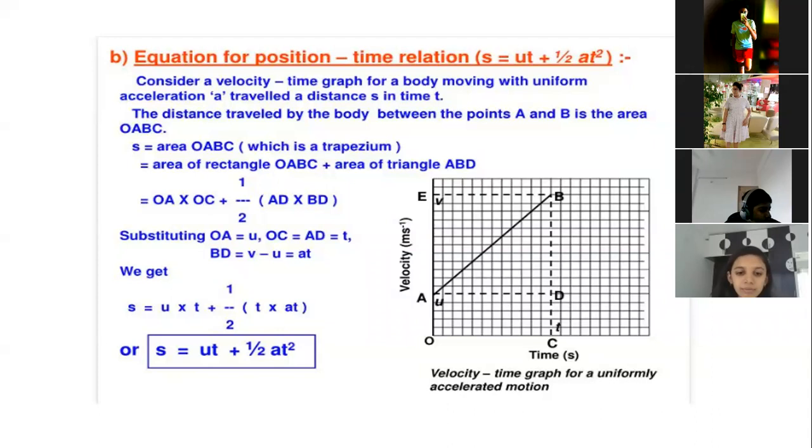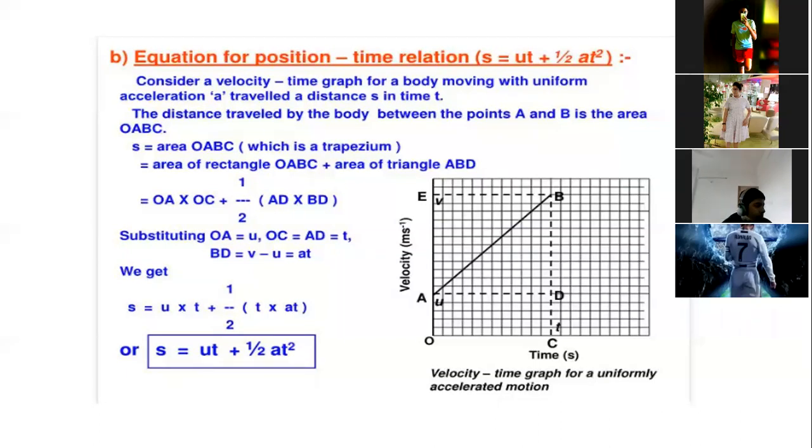Substituting the value of BD from the previous equation, which is v minus u is equal to at, you come to the final equation of motion, which expresses the distance or height, given by small s, is equal to ut plus half at squared.